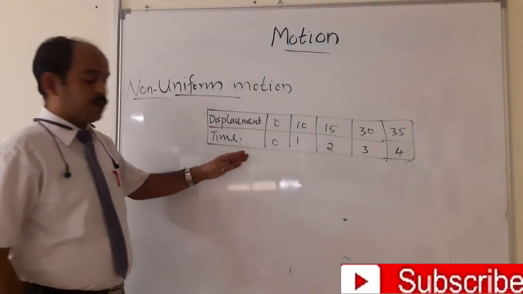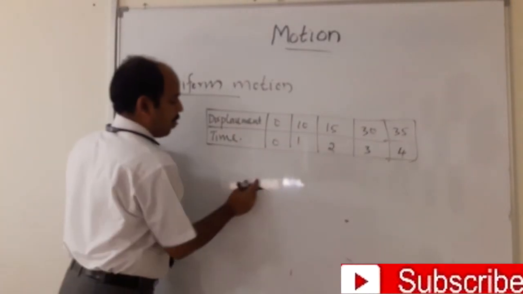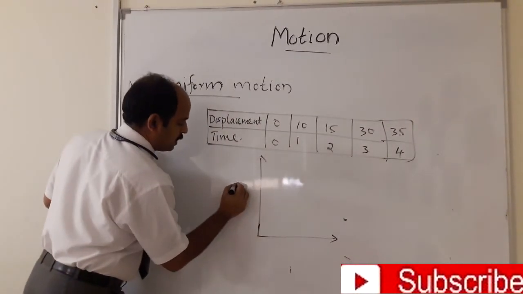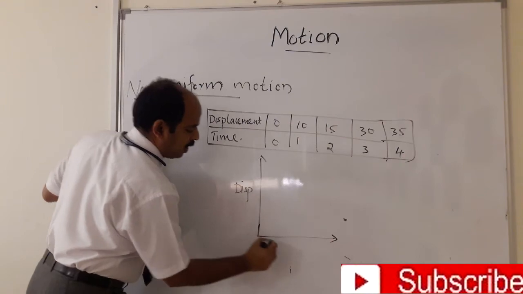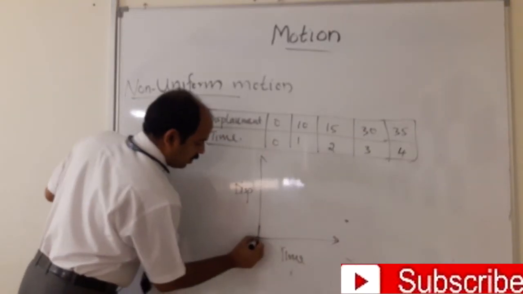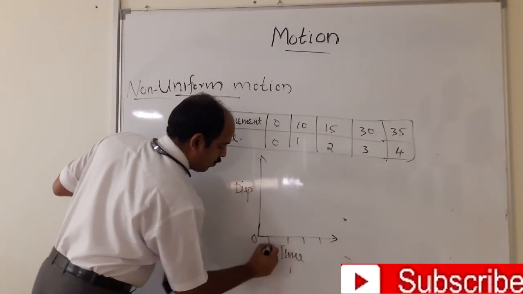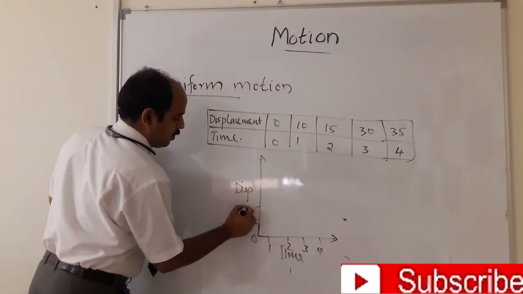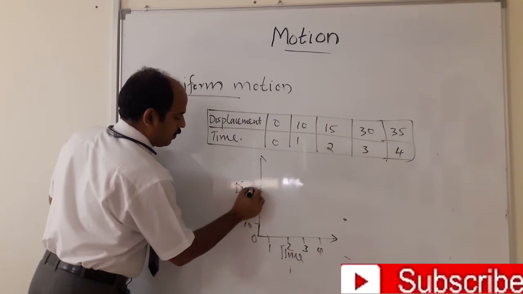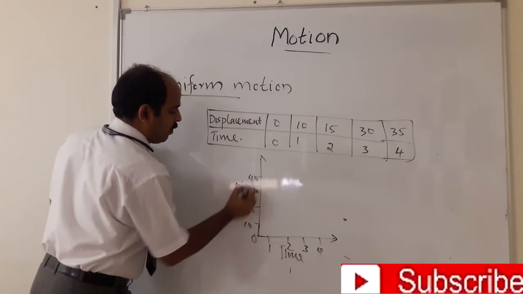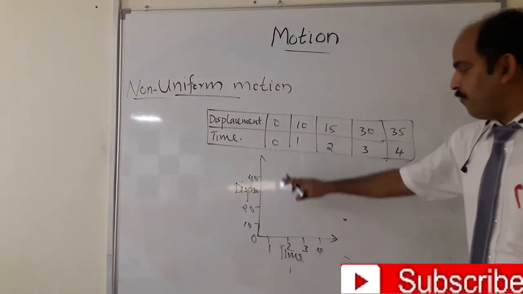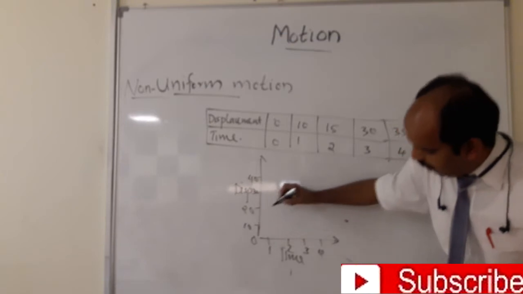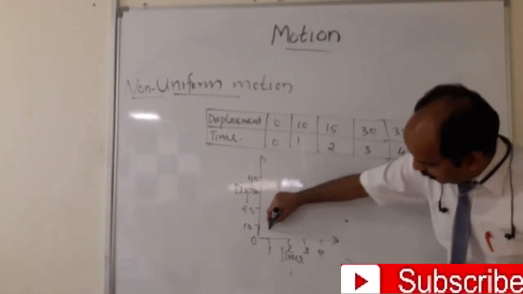Okay. Now let us go to a graph. Here it is displacement. Here it is time. Here it is 0, 1, 2, 3, 4. Here 10, 20, 30, here 40. Now let us mark it. So at the start, time 0, displacement is 0. After 1 second it covers 10 meter.